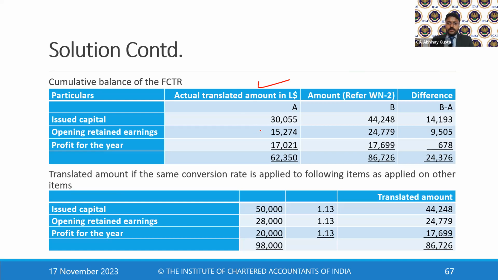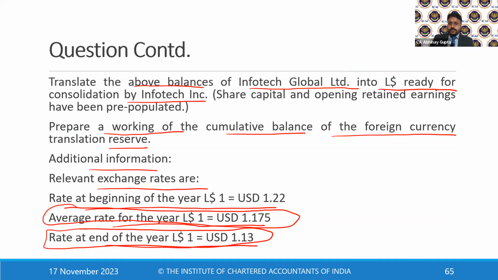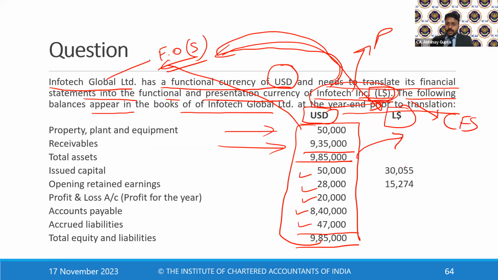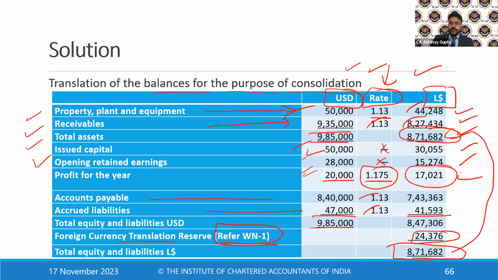The amounts translated in the new currency are issued capital, opening retained earnings, and profit for the year, 62,350. From where is it coming? Issued capital is this much, opening retained earnings is this much, so this is carried forward here.